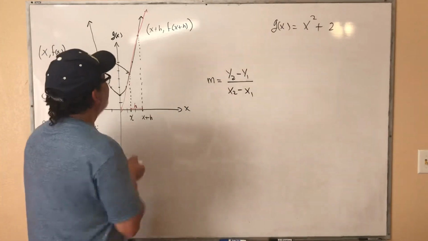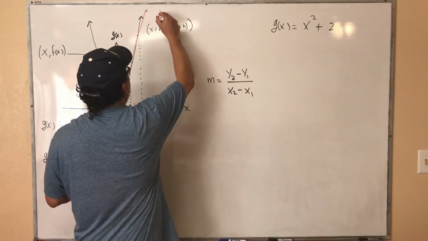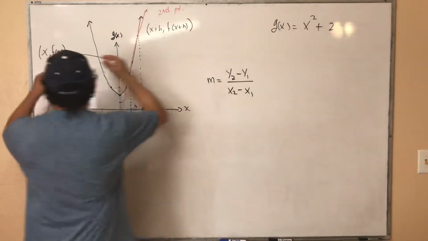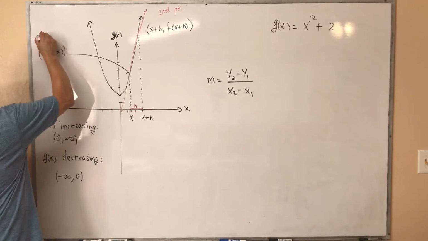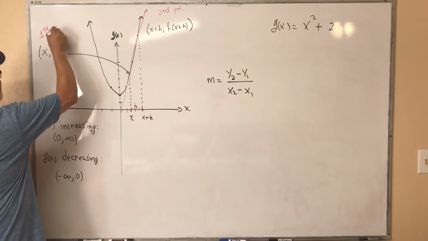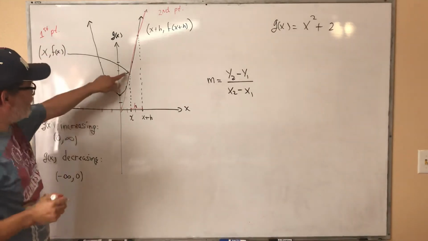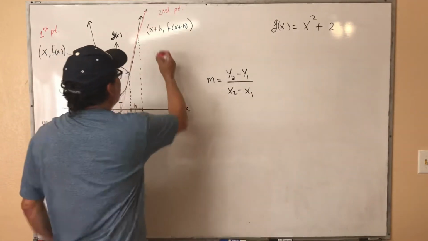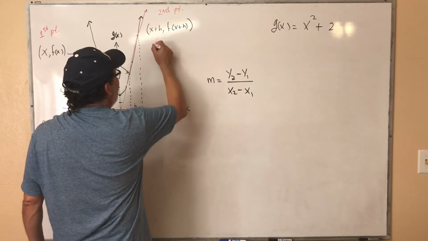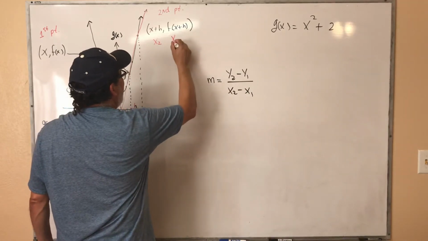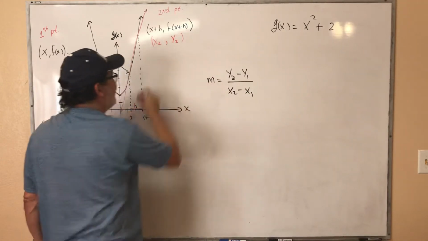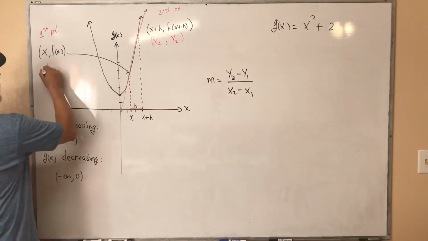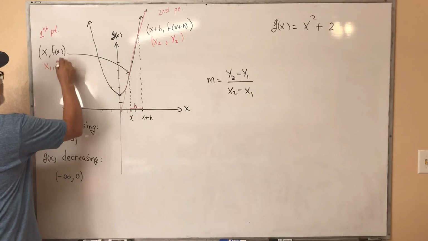So let me call this the second point, and let me call this the first point, right there. Because this second point must be x2, y2, just like before. And this must be x1, y1. Remember that?